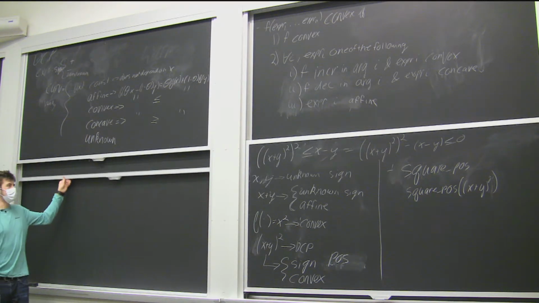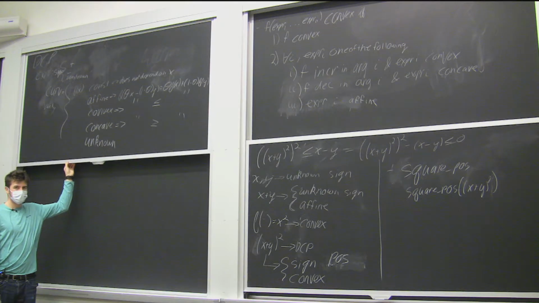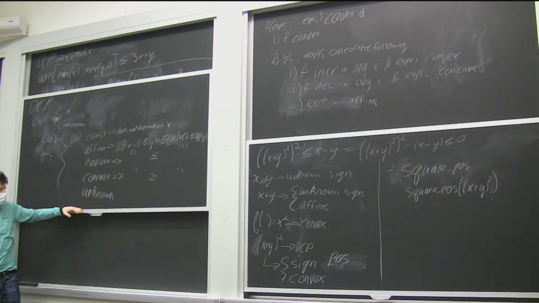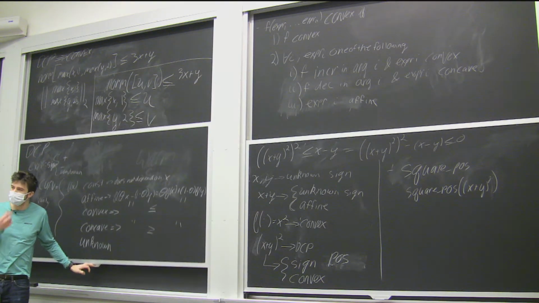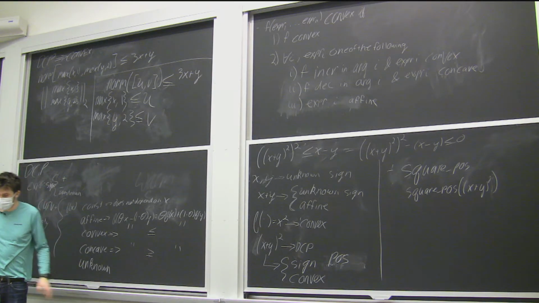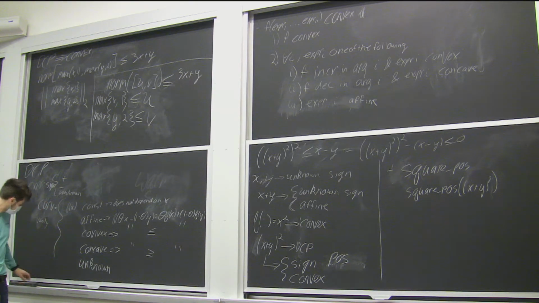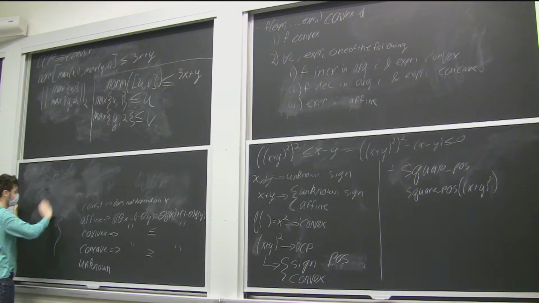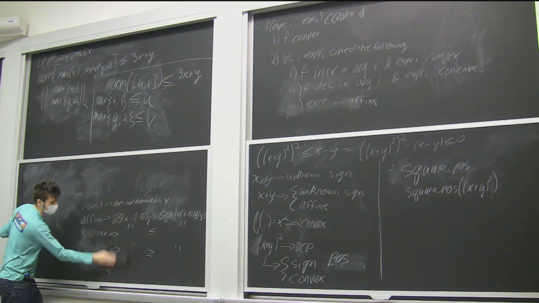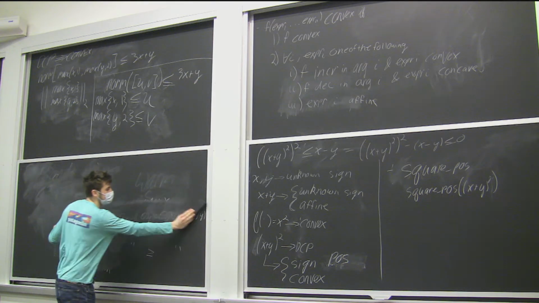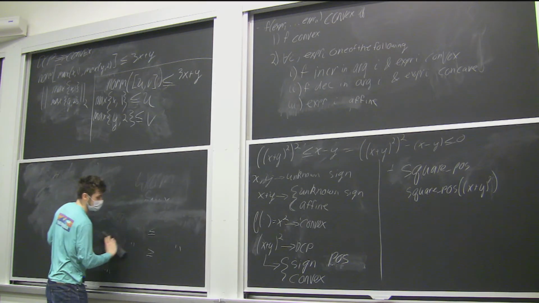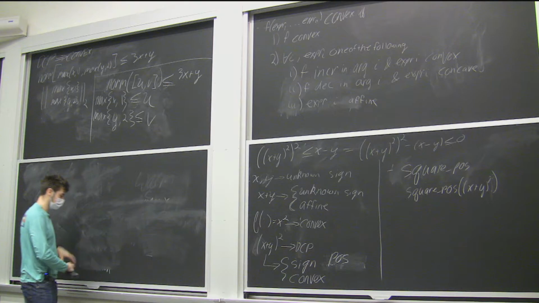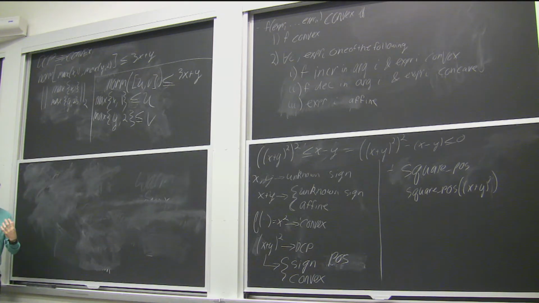So that's two examples of things that might happen when you're first writing down a problem. And I'd say a lot of the art that goes into optimization is, first, stating a problem that can be formulated as convex.